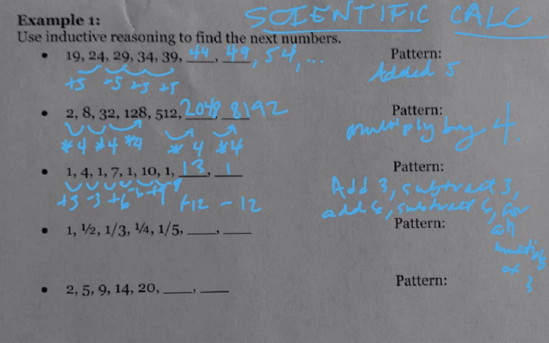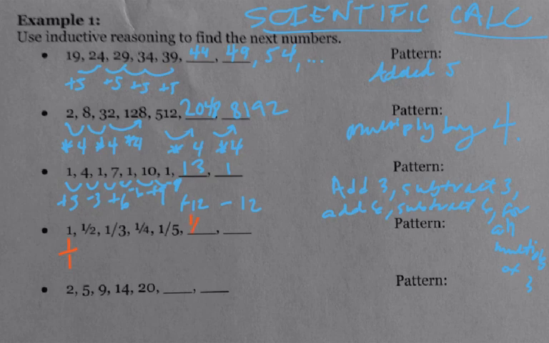Okay, I'm going to switch to a different color just because I got a little bit out of my zone on that one. And I have the pattern 1, 1/2, 1/3, 1/4, 1/5. And we can see that the denominator is increasing by 1 each time. So if you think about it, 1 is the same thing as 1 over 1. Okay, so here I have 1 over 1, 1 over 2, 1 over 3, 1 over 4, 1 over 5.